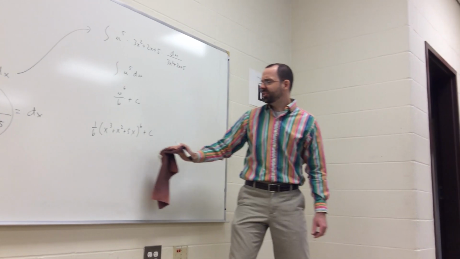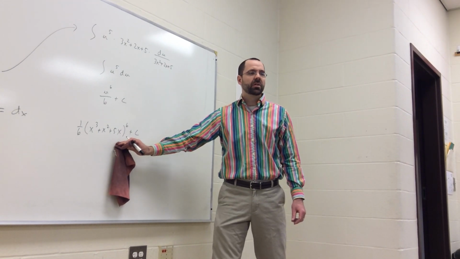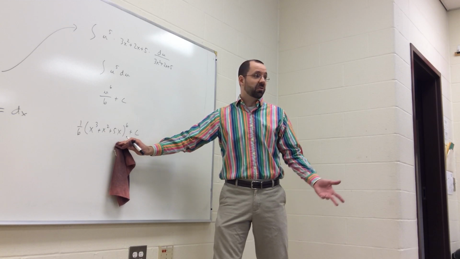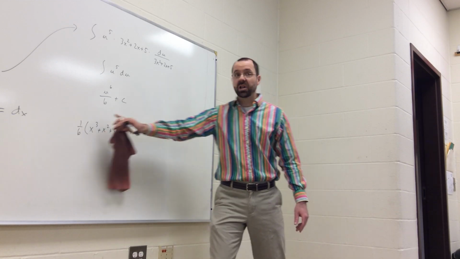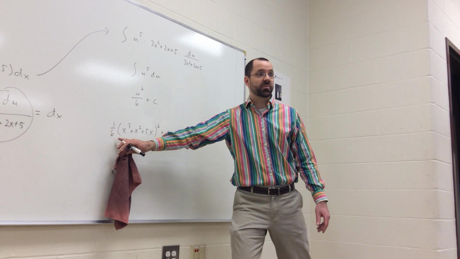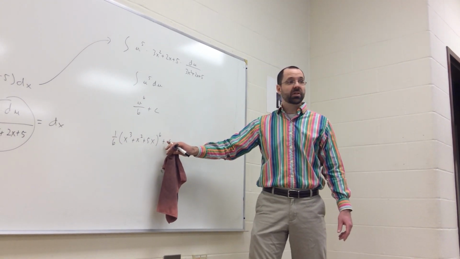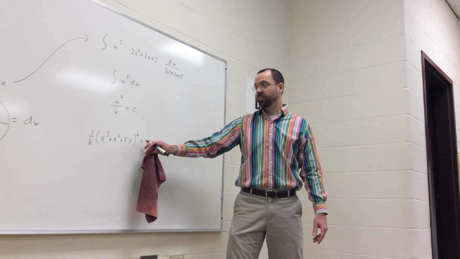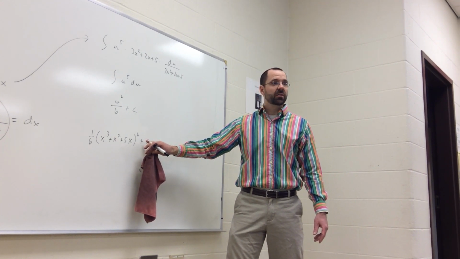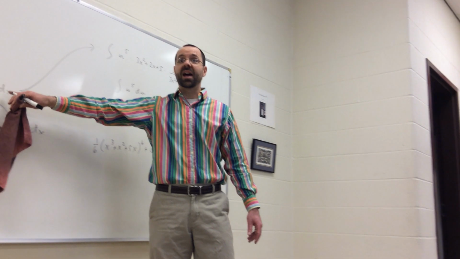So how can I check to see if this is the correct antiderivative? Take the derivative of it, right? The 6 would come out front, and 6 times 1/6 is 1, then it would be this to the fifth power, but then times the derivative of the inside, 3x squared plus 2x plus 5, right? Ah, it is that.